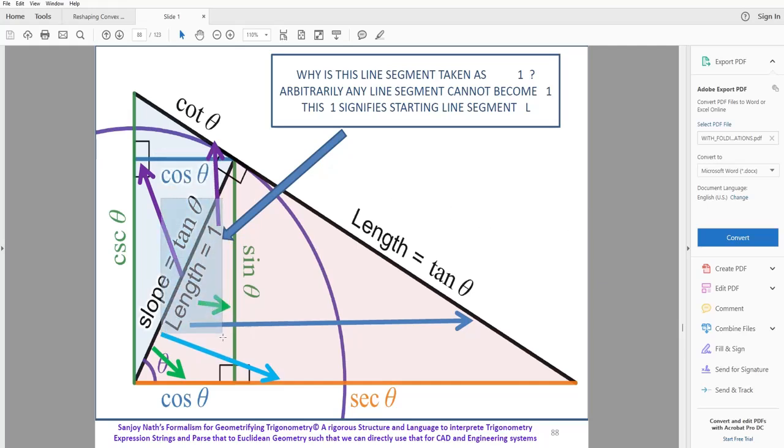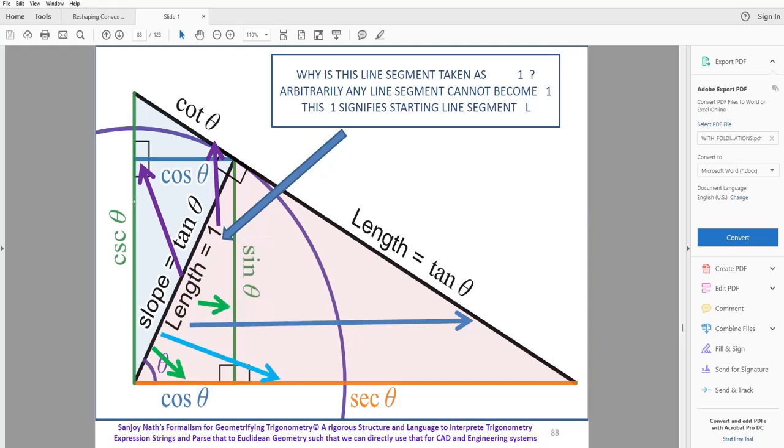Taking the same line segment L and consuming it as the hypotenuse to construct the base, then we use the cos theta. And taking the same line segment L and consuming it as a hypotenuse and constructing the perpendicular, then we use the sin theta.